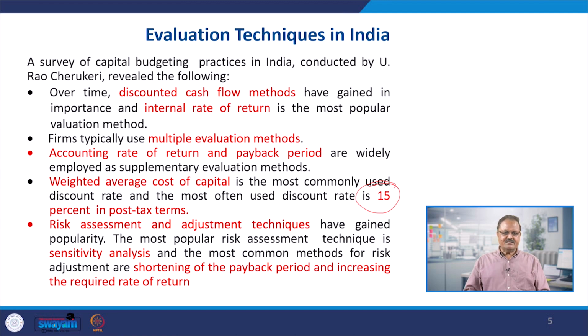When we borrow funds from different institutions, or from the stock market, or from our own funds, the cost works out as 15% post-tax. So the discount rate normally used is 15%. You call this the required rate of return also. So if the required rate of return is 15%, how much is the expected rate of return available from the project? Accordingly, we can make a comparison.